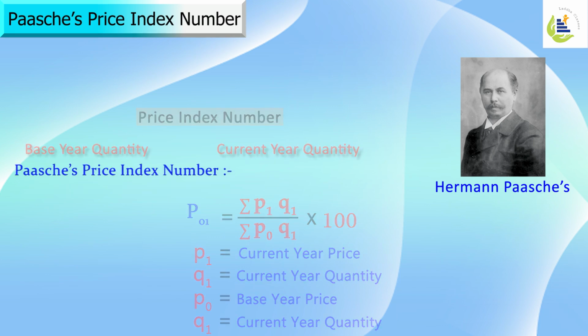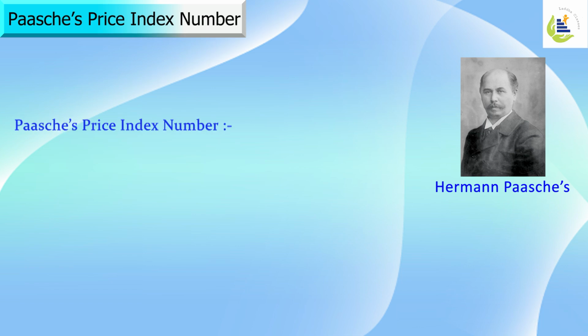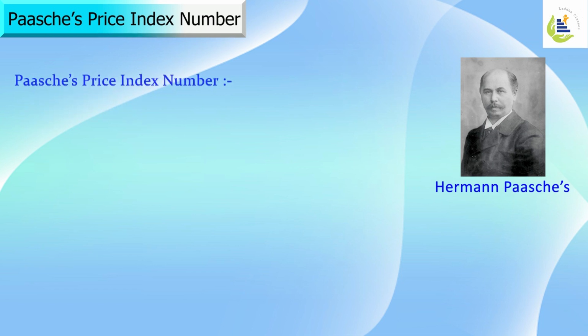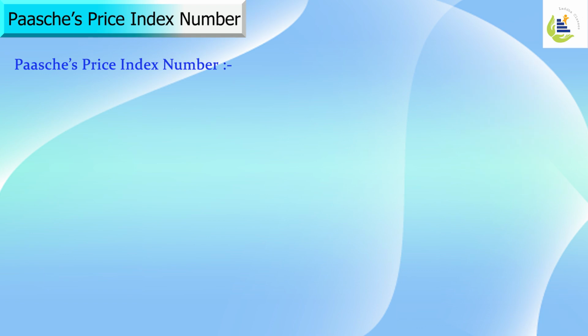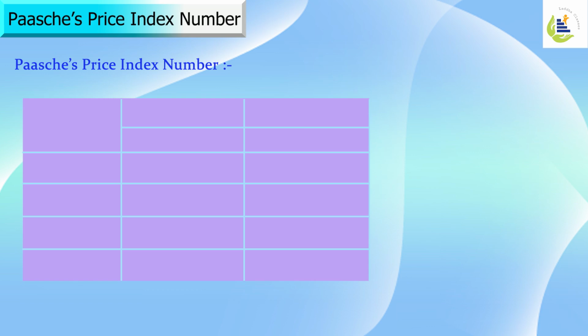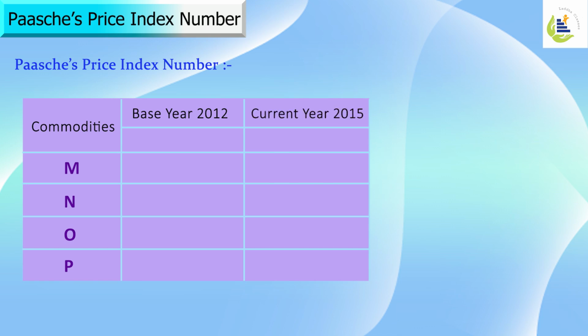Let us take an example to understand how mathematically we calculate Paasche's price index. For that, the data given in the table is as follows. The commodities are M, N, O, P. The next big column talks about the base year, which is the year 2012, and the next big column talks about the current year, which is the year 2015.